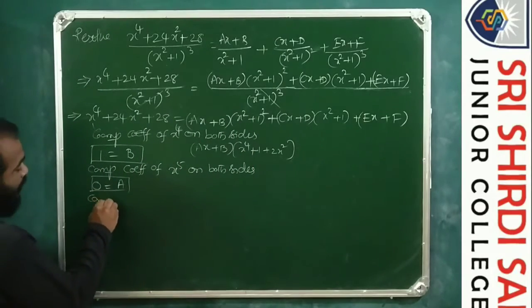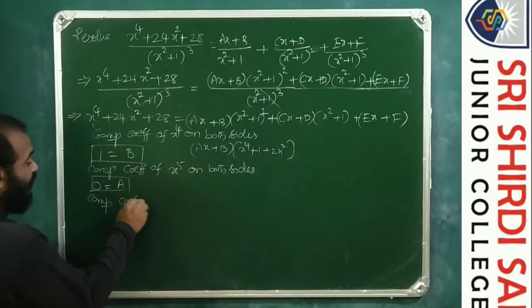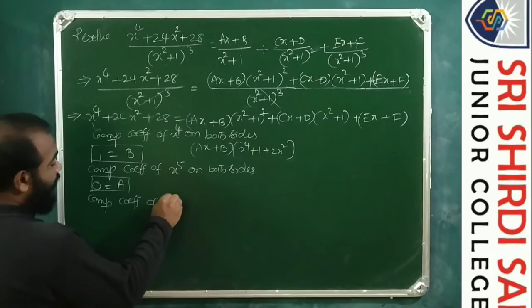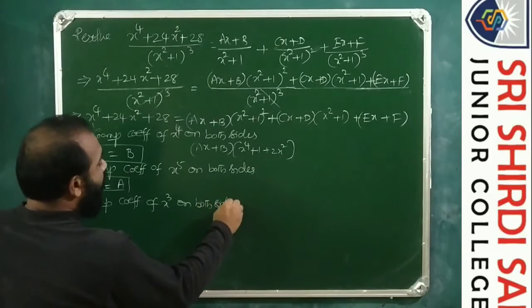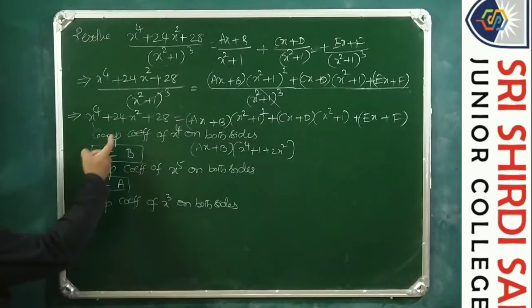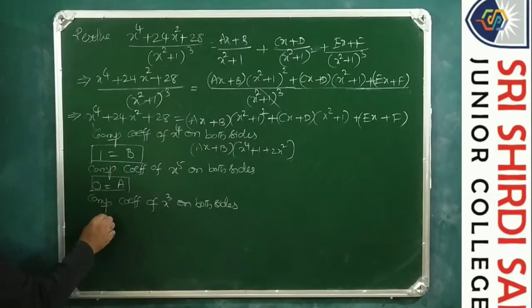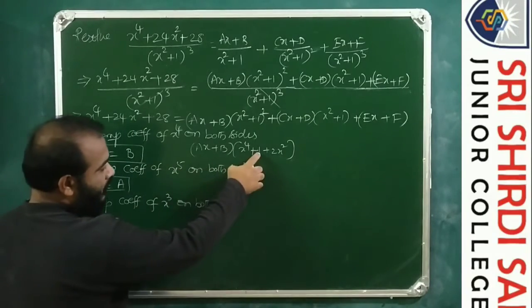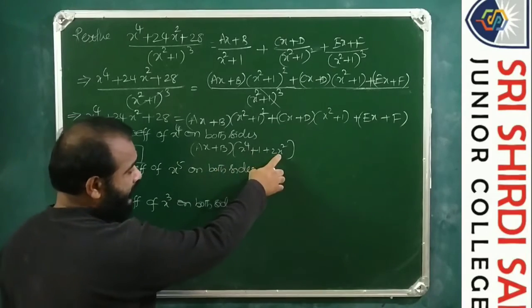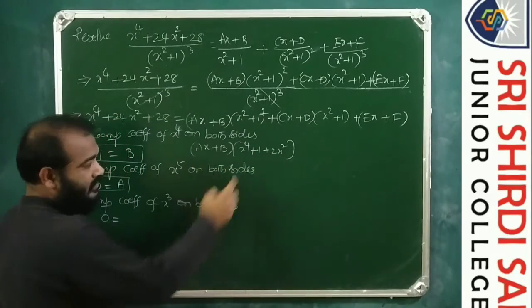Now comparing the coefficient of x cube on both sides. We don't have any x cube here, therefore its coefficient is 0. Here ax into 1, ax into 2x square, so 2ax cube.